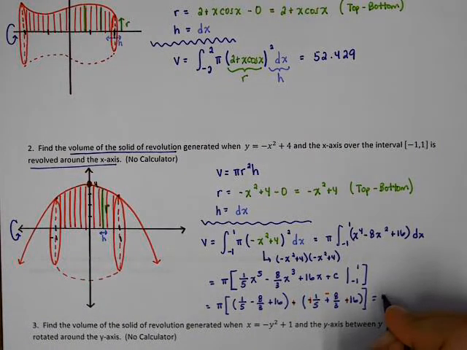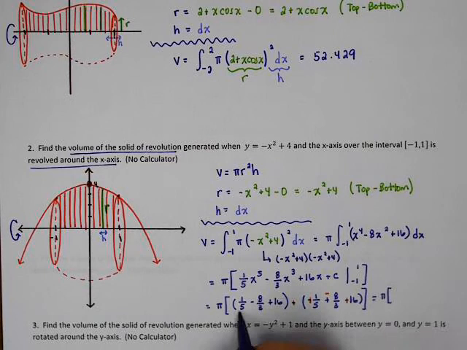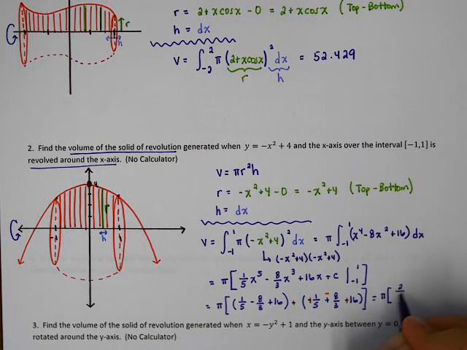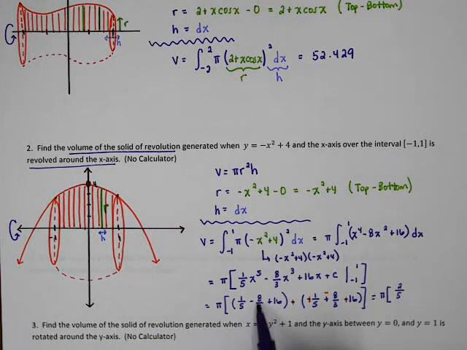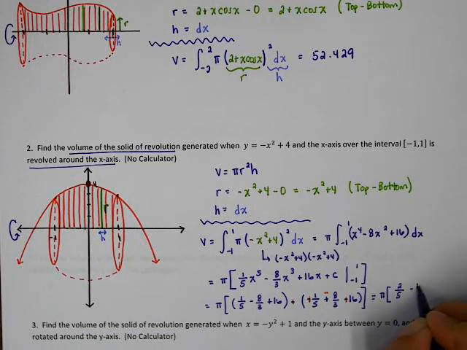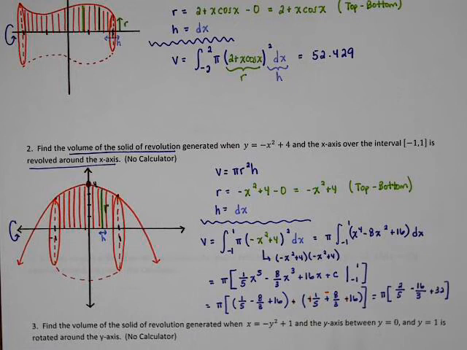So I'm going to have pi times 1/5 plus 1/5 is 2/5. -8/3 minus another 8/3 is -16/3. And 16 plus 16 is 32. Once you actually combine those and add them together, which I'm going to do right now, let's see here, 2/5 minus 16/3 plus 32.